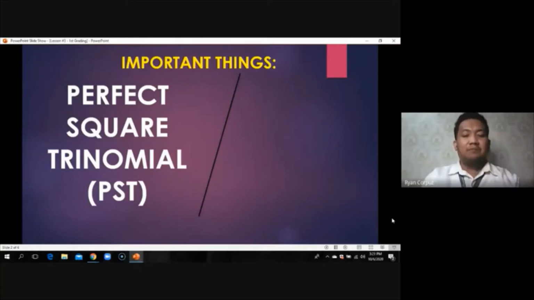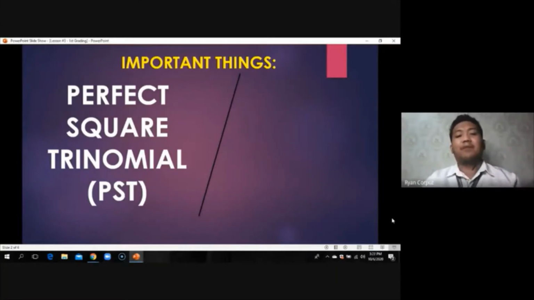The middle term of the trinomial is twice the product of the square root of the first and its last term. Twice the product of the square root of the first and the last term. So that's what makes a perfect square trinomial special because of those things.